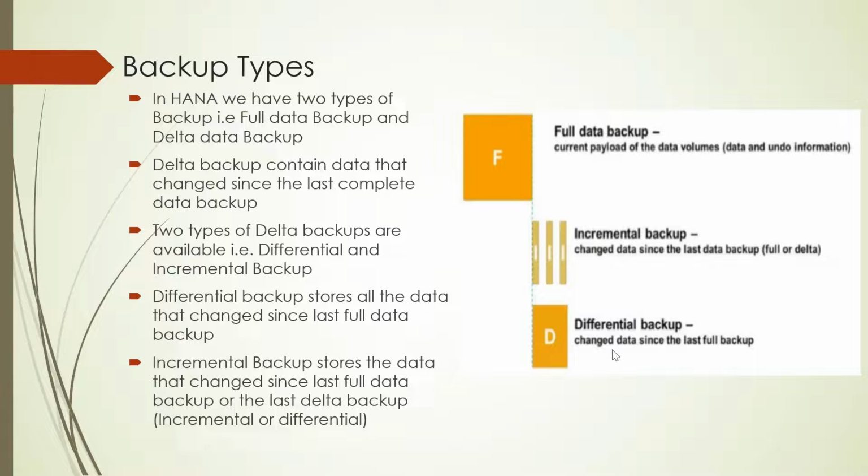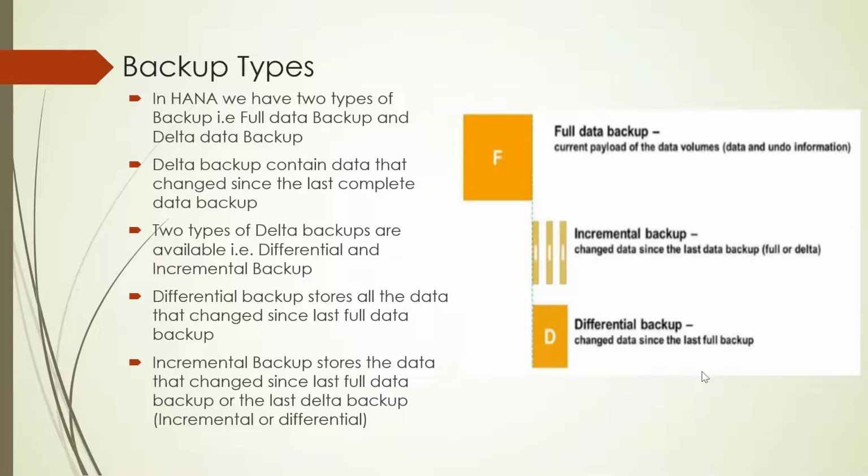So differential backups we schedule not on a daily basis, but on an alternate day basis. For example, Sunday we schedule full database backups, then on Tuesday we schedule the differential backups, because differential backup will take little time.